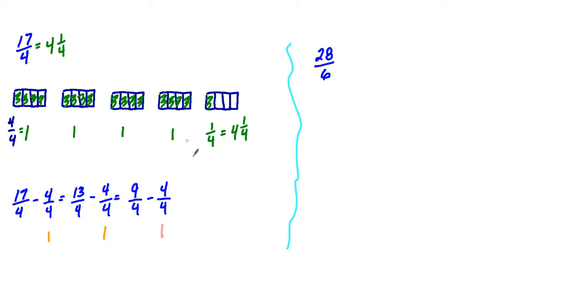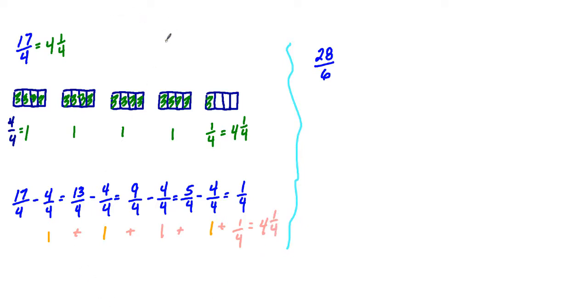There's another whole I'm taking away. That equals 5/4, which is enough to take away another whole. One more whole taken away. And that equals 1/4. So that's where I have to stop because I'm down now less than a whole. So 1 plus 1 plus 1 plus 1 plus a fourth. 1, 2, 3, 4, and 1/4.